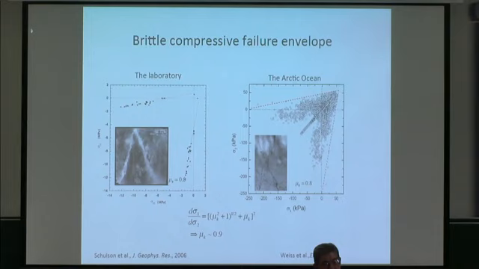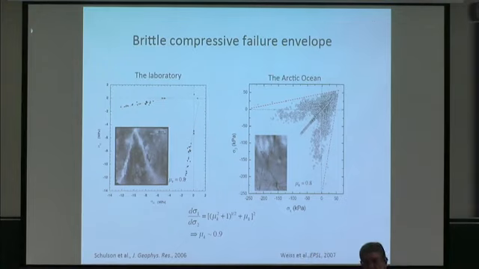If you note the numbers here, the strengths in the laboratory are on the megapascal scale, in the field they're on the kilopascal scale, three orders of magnitude difference. I believe that's simply a reflection of the fact that in the field, stress concentrators are a million times larger than in the laboratory. But other than that, the envelope looks rather similar.